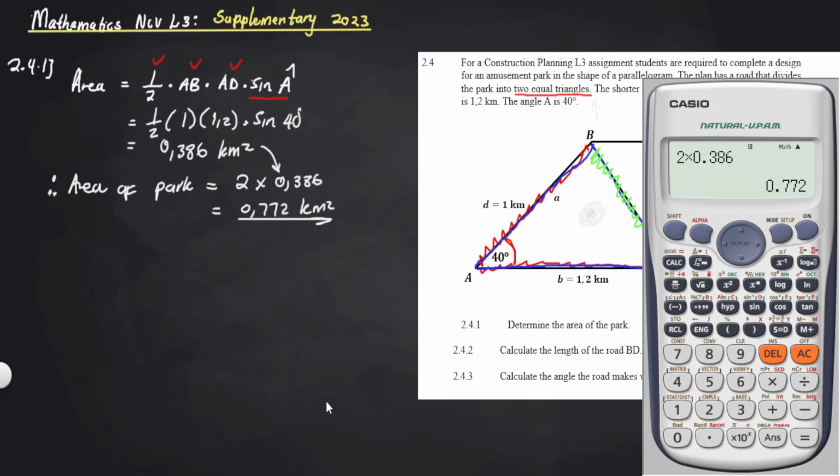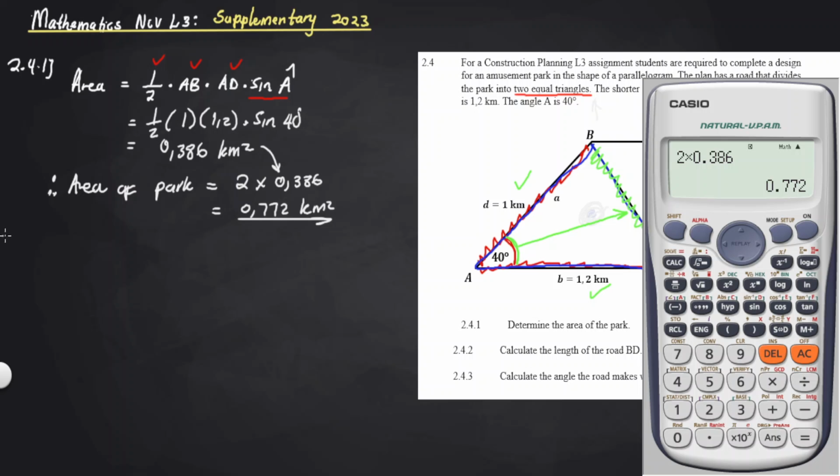I have this length, I have this length, and the angle between the two lengths happens to be opposite to the unknown side, BD. Between the cosine rule and the sine rule, we have to decide which one to use. For such given values, we're going to apply the cosine rule.